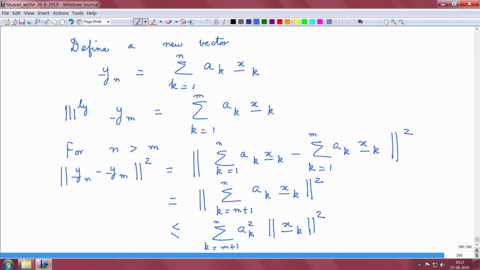This is a straightforward inequality, and it can be simplified if you assume that the norm is 1, because that is where we started off. They are an orthonormal basis. So this is nothing but summation k equals m plus 1 to n ak square, since the norm is 1.